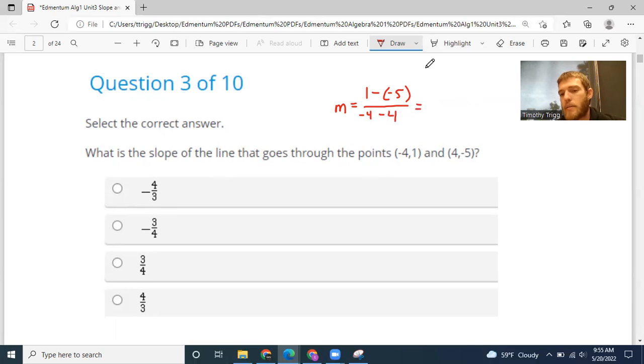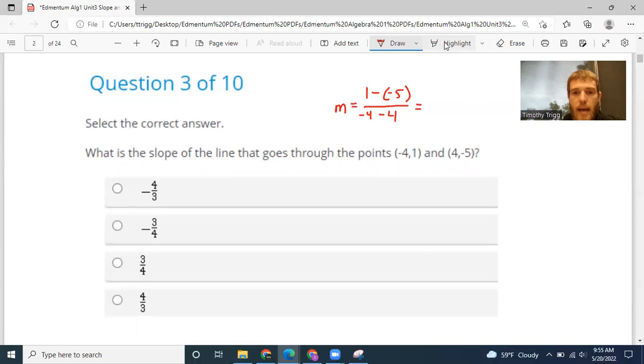One question I get sometimes is, does it matter which y coordinate I put first? Like here, I put the 1 first, and then I put the -5 here. Could we have put the -5 first and then 1? Well, the answer is yes. You can do it in either way.